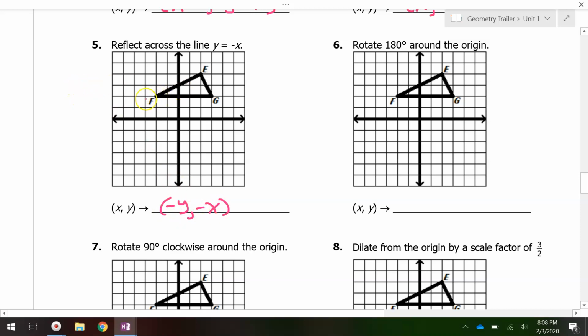So let's start by writing down the original coordinates of E, F, and G. Point E is 2, 4. And point F is negative 2, 2. And G is 3, 2.